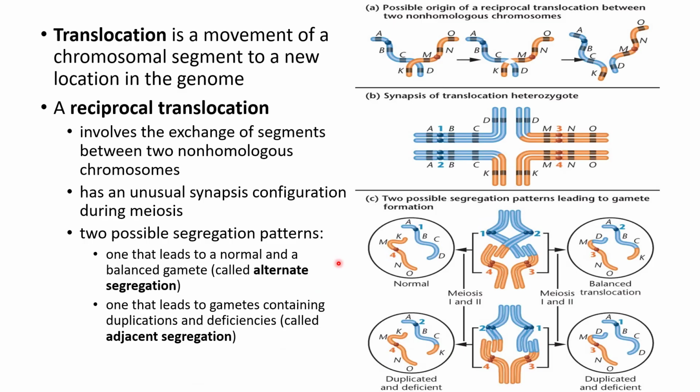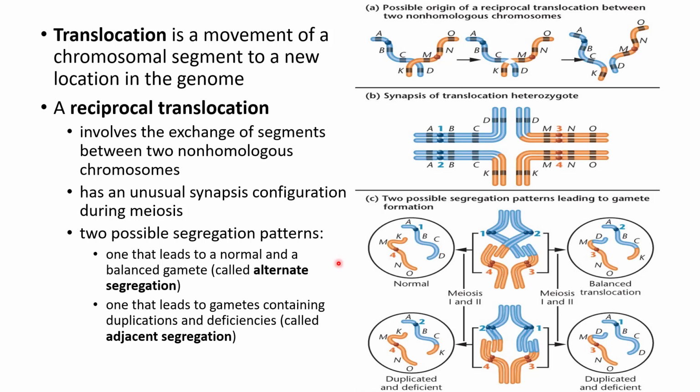Last type of chromosomal aberration is a translocation. So this is now where we move a segment of a chromosome from one chromosome to another chromosome in the genome. And it's usually a non-homologous chromosome. So when we have a reciprocal translocation, that means we exchange segments between two non-homologous chromosomes. So both chromosomes exchange.